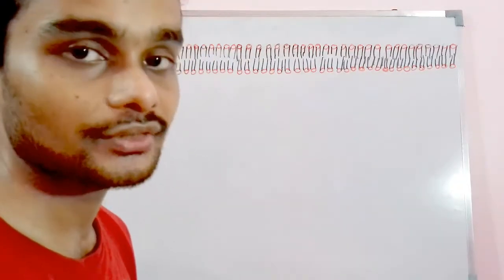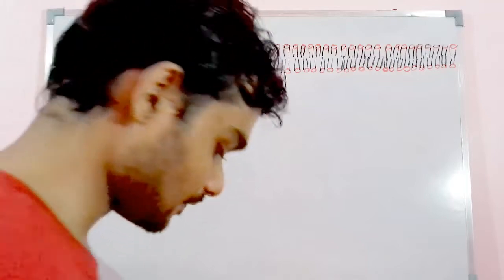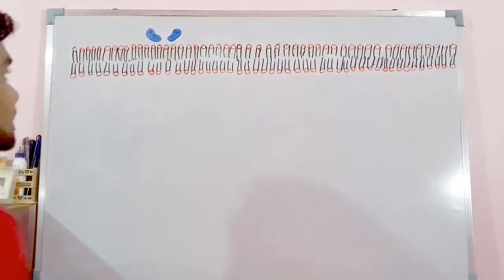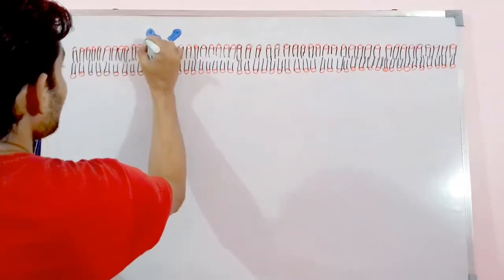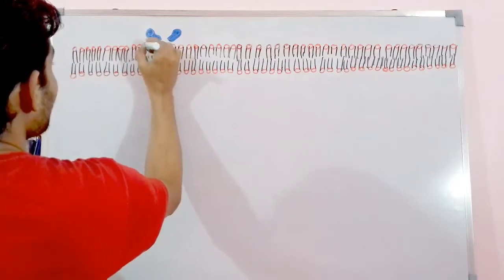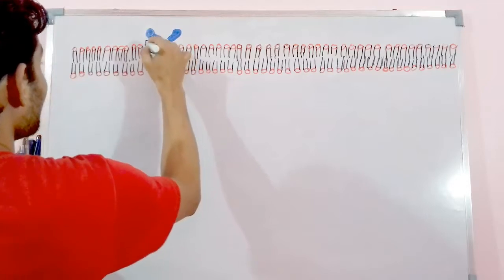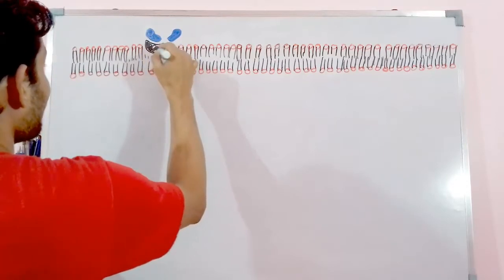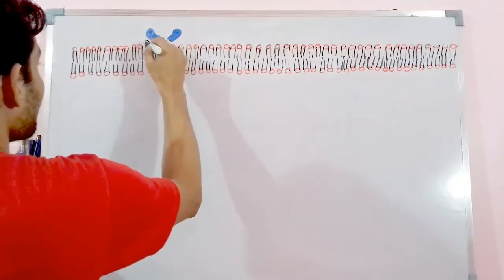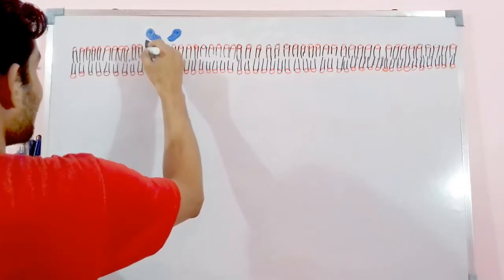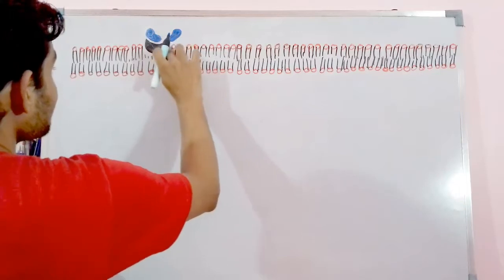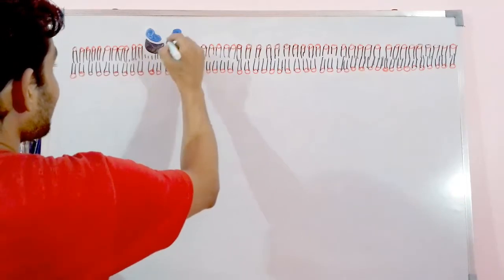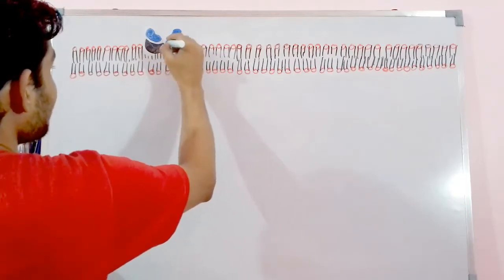Tyrosine kinase is actually an enzyme. So let's have a look at how the tyrosine kinase receptor looks. Let this be the head of the tyrosine kinase receptor on either side.